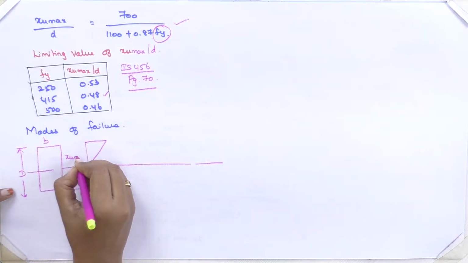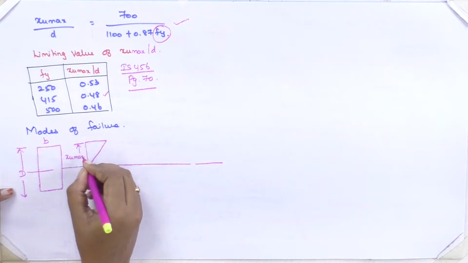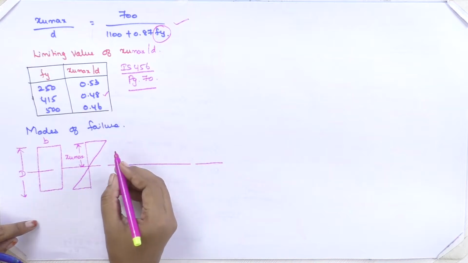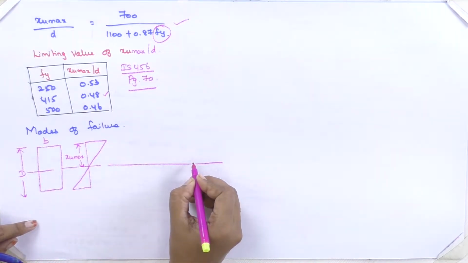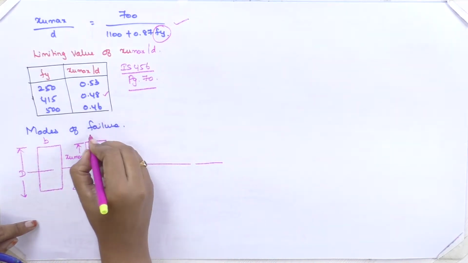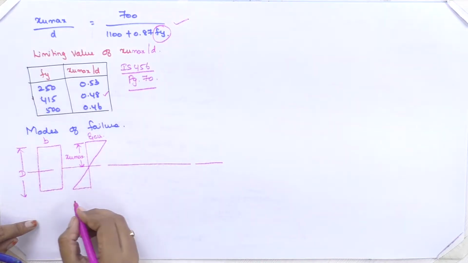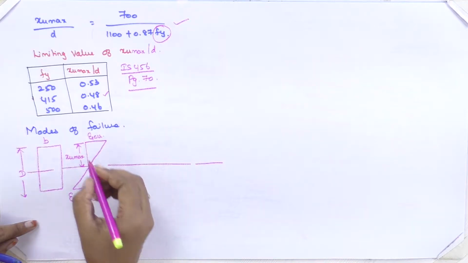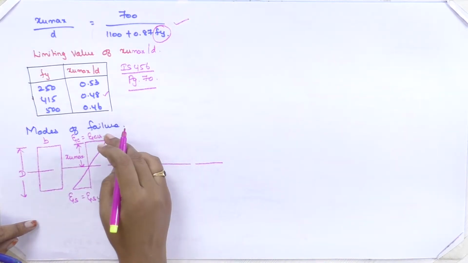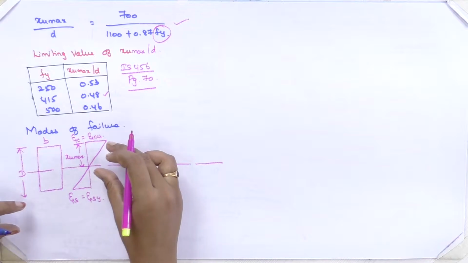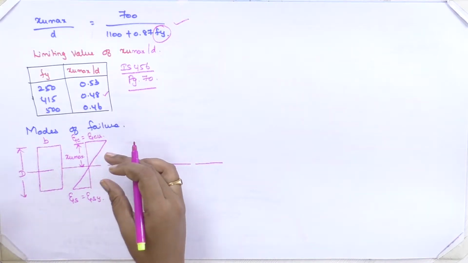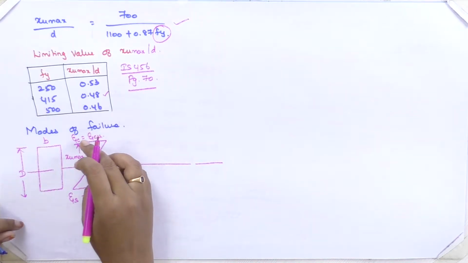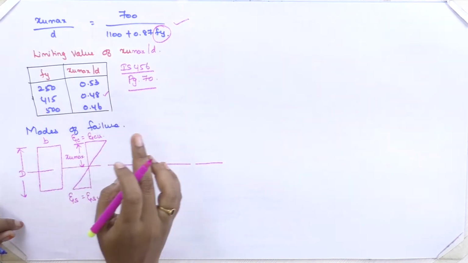This is Xu max. When I say Xu max, the section will be a balanced section. This is the balanced section neutral axis. Then this is epsilon Cu. This epsilon S is equal to epsilon Sy. Epsilon C is equal to epsilon Cu. When steel and concrete are both simultaneously yielding, you will get epsilon Cu and epsilon Sy. At that time you will get the Xu max value.